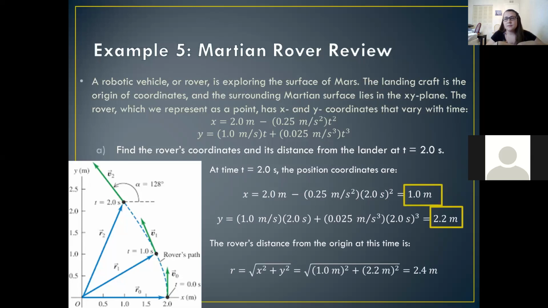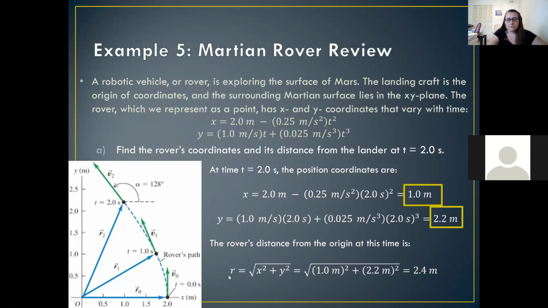So this plays off of our discussion of vectors back in chapter 1. So we learned about vectors that the magnitude of a vector is the use of Pythagorean theorem. So we're going to call our displacement vector r for this example, and that's just because that's what's in the diagram.